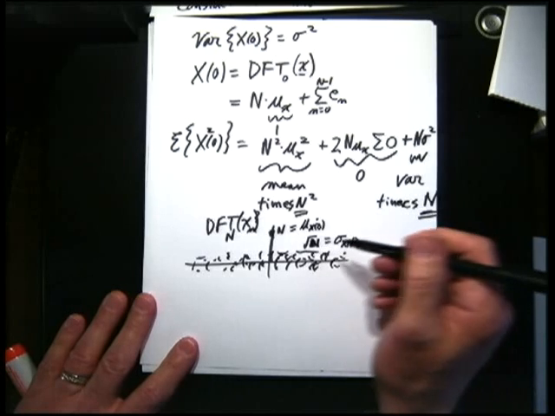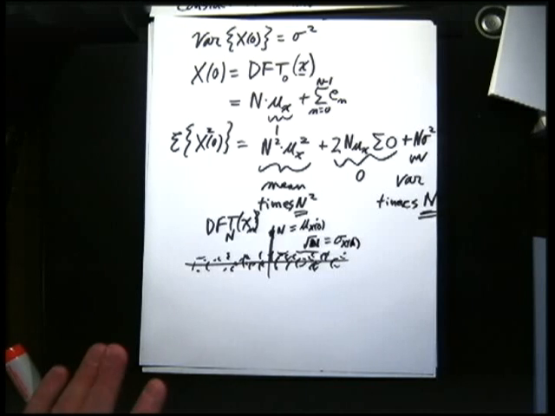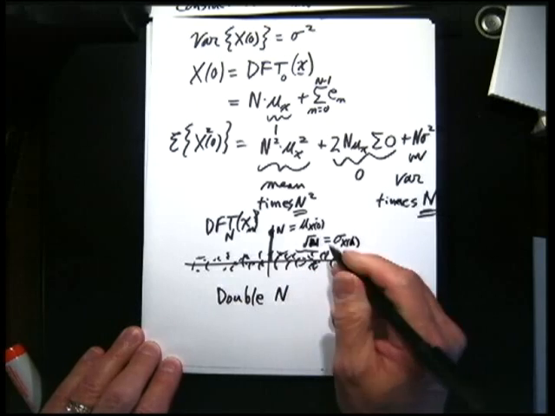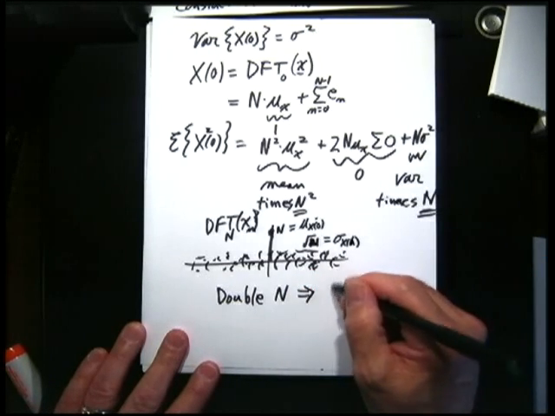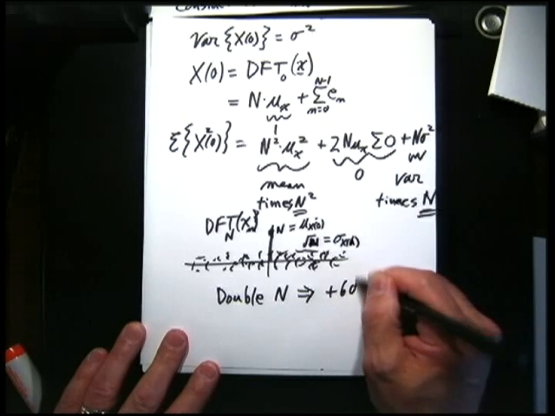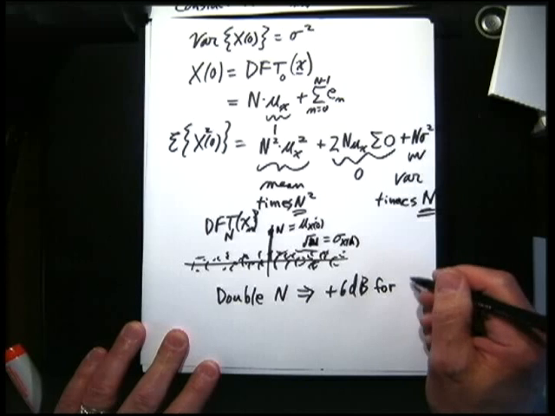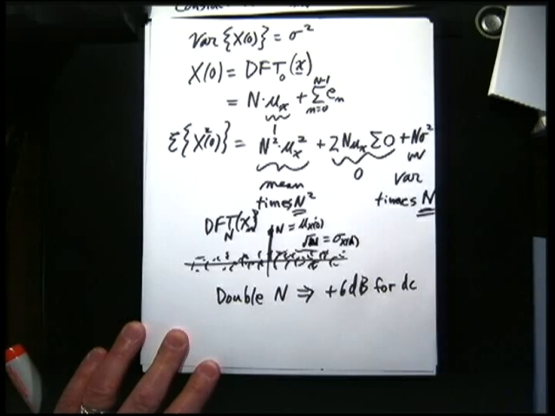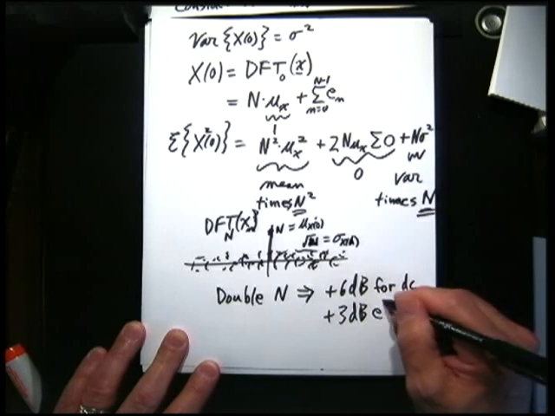So you see the point that every time you double the DFT length, if you double n, that means plus 6 dB for the mean, let's say for the DC component, and plus 3 dB elsewhere.